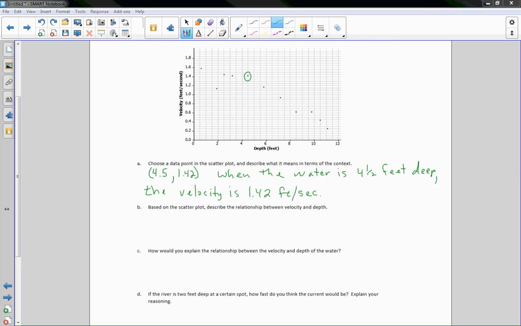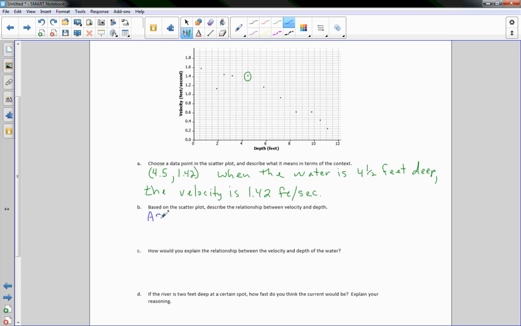Okay, B says, based on the scatter plot, describe the relationship between the velocity and the depth. So, describing the relationship, you say, as X does something, then Y does this.